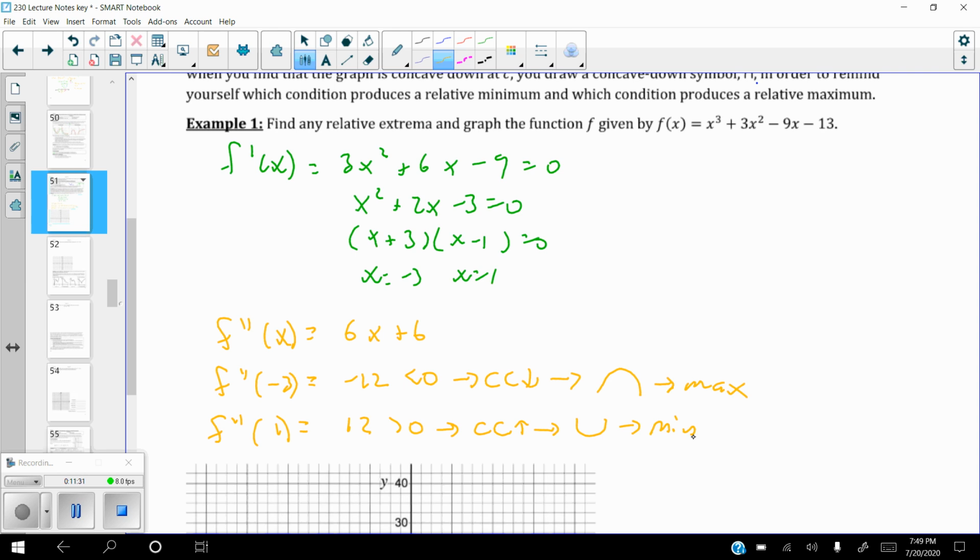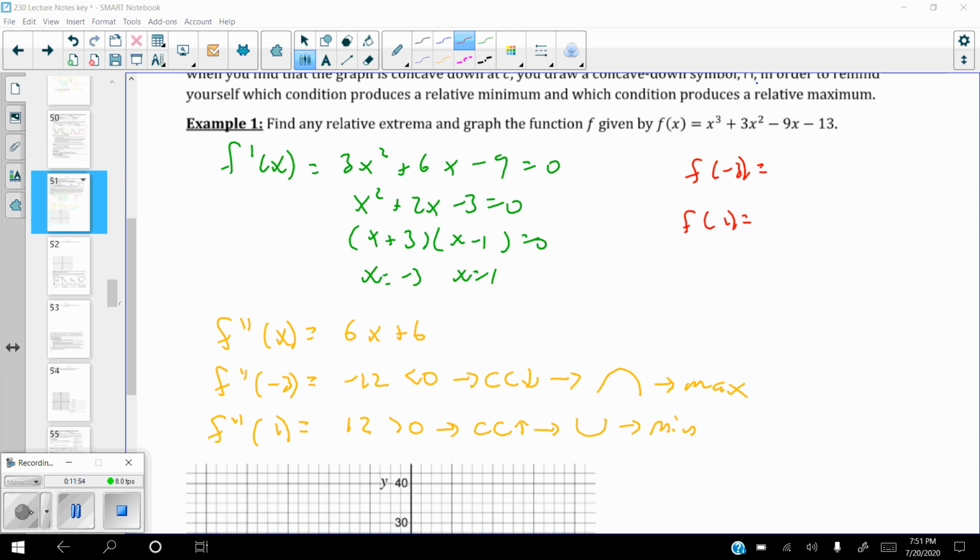So now we actually do need to find these values because we're going to need those to sketch the graph. So let's go ahead and find f of -3, because this is going to give us our y value, and f of 1. Okay, so we're going to have to plug some stuff into the calculator here, or if you can do the mental math, that's even better.